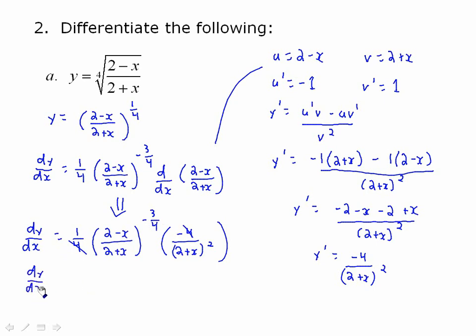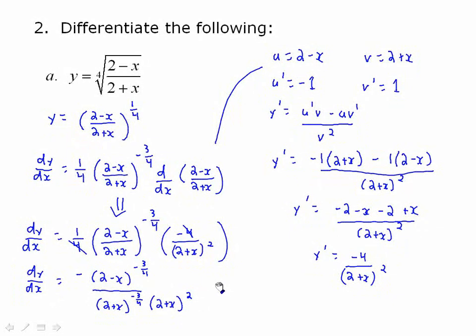So dy dx will be equal to, the 4's are gone, we have a factor of negative 1, and we have 2 minus x to the negative 3/4 on top, and then the denominator is going to be 2 plus x, and we have negative 3/4 for the one factor, and then multiplied by 2 plus x to the 2.